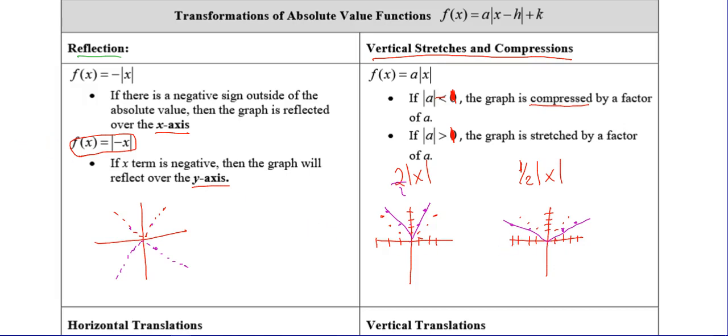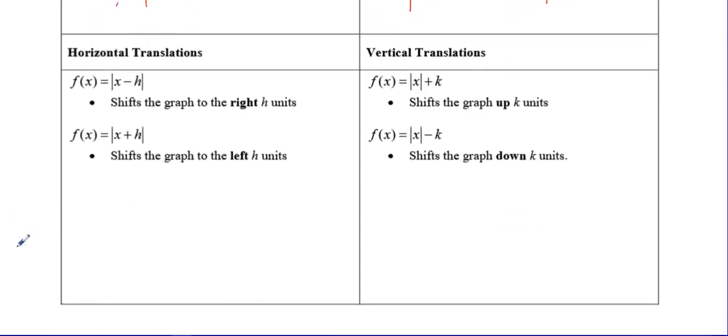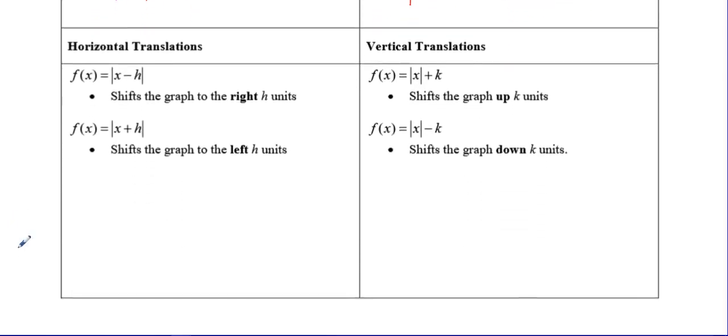All right, let's begin with the next two types of transformations that we're talking about here: a horizontal translation and a vertical translation. The horizontal translation, again, this is maybe a little confusing because it says x minus h will shift the graph to the right h units.